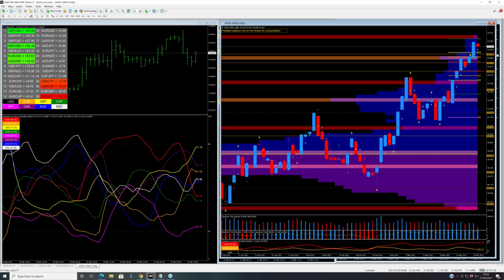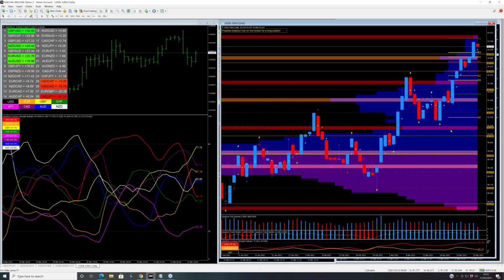This is the move higher that we've had off this level here. This is yesterday's candle, a big up candle. After such a big candle, you would almost expect some kind of reaction, some kind of correction.